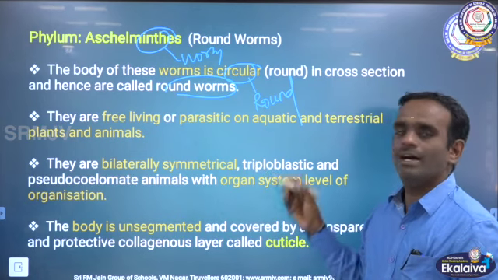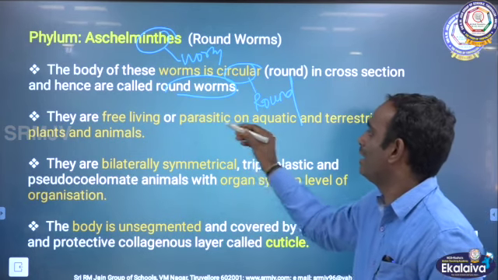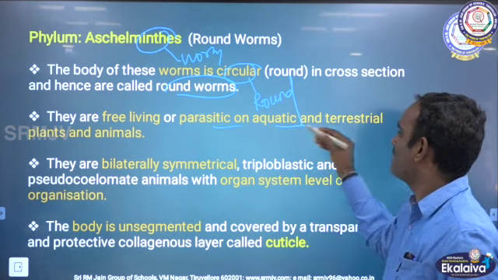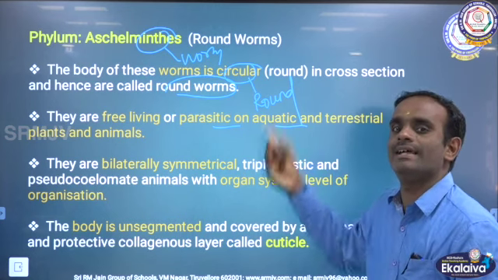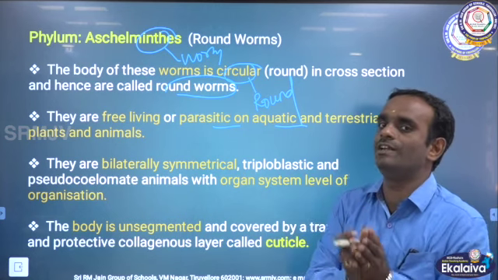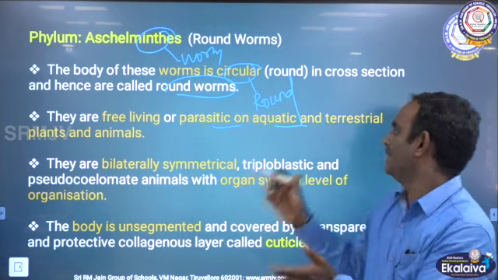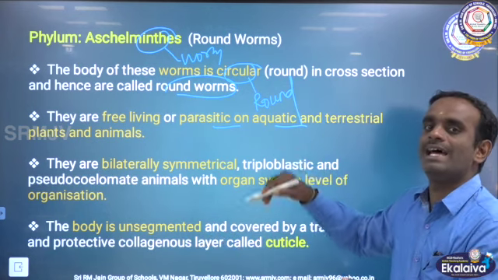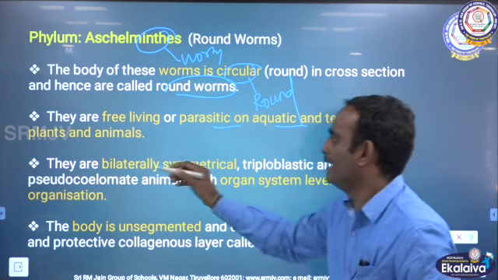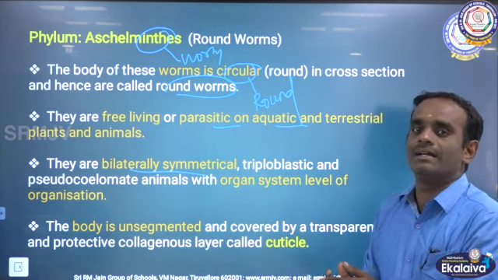They are free living or parasitic on aquatic and terrestrial plants and animals. Some species are free living, some species are parasitic, and it is seen in the terrestrial plants and animals. They are bilaterally symmetrical.